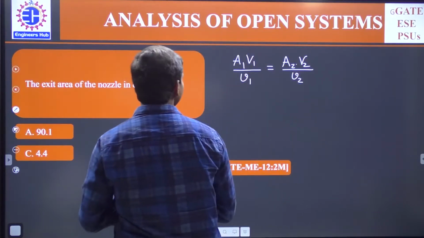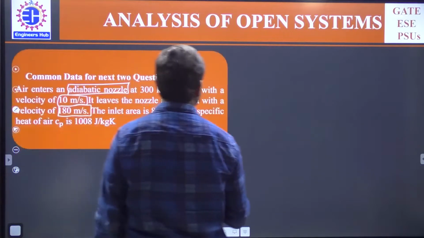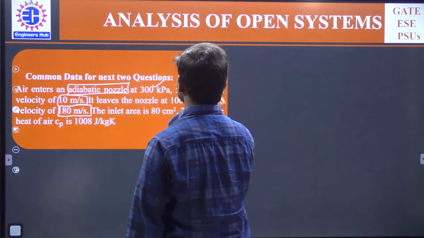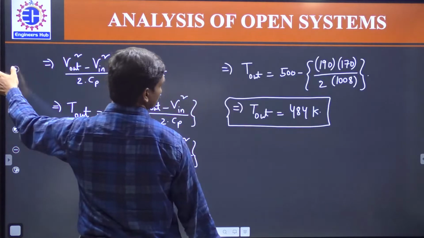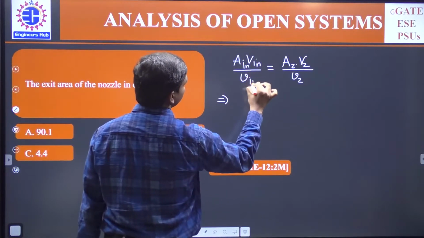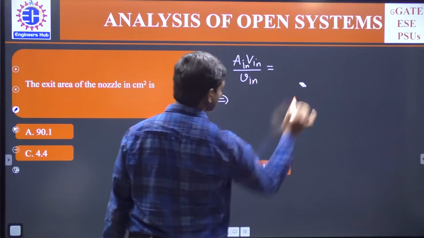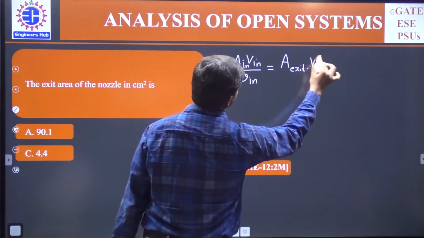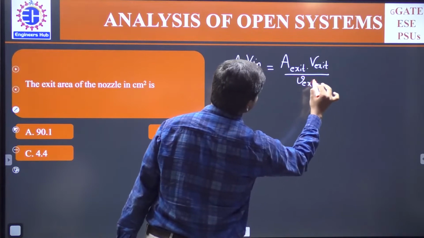Now see, did they give some information about specific volumes? No, but they have given information about pressures. So we can deal with the case. Instead of 2's we can write exit, that could look nice. So A exit V exit divided by v exit.